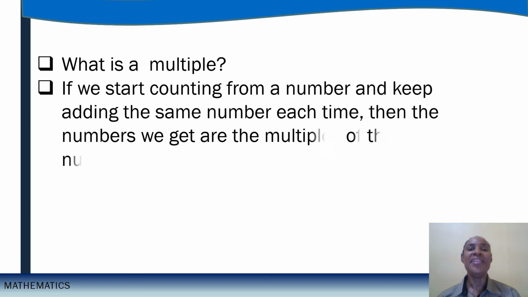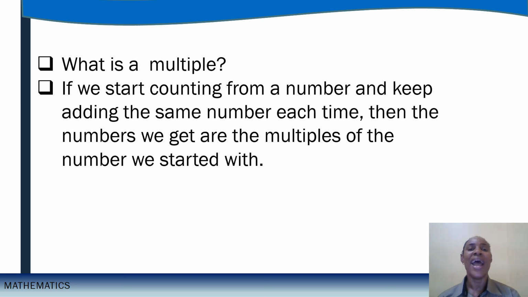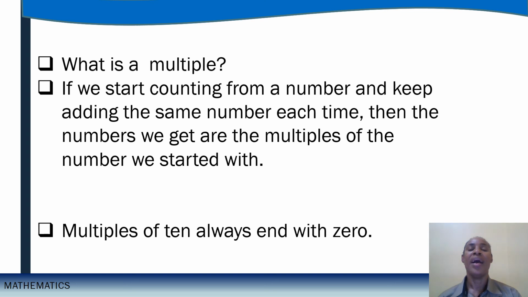If we start counting from a number and keep adding the same number each time, the numbers we get are multiples of the number we started with. The next point I want us to look at is, multiples of 10 always end with 0.